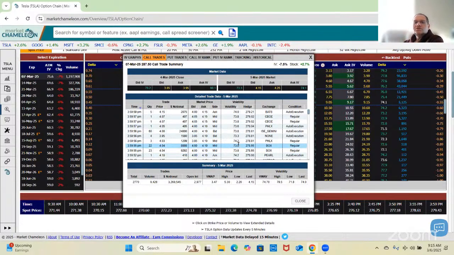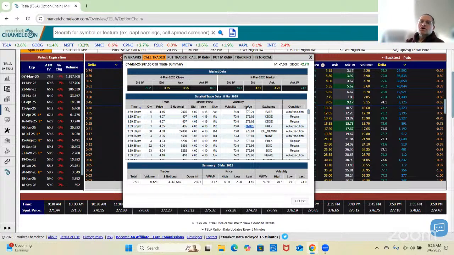So that's referencing, and we could even look at the bigger trades, where here's a 60 lot traded at 73.8, 22, 73.8. So it gives us an opportunity to assess the relative value of that option. Here this is just referencing where the stock price was at the time of this trade.